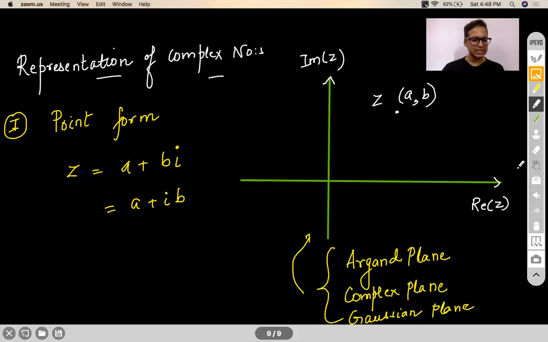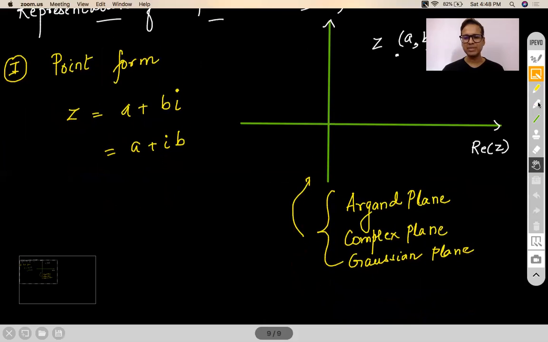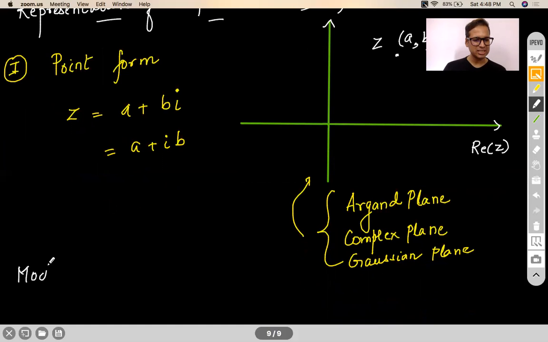Two important things that we need to understand over here are the concept of modulus and the concept of argument, also called amplitude.